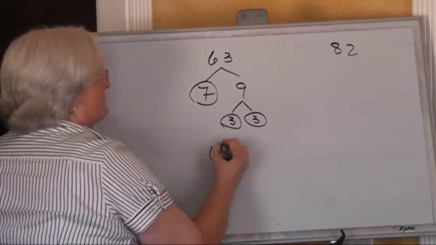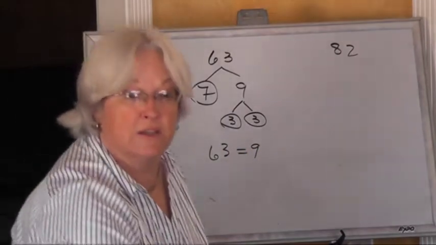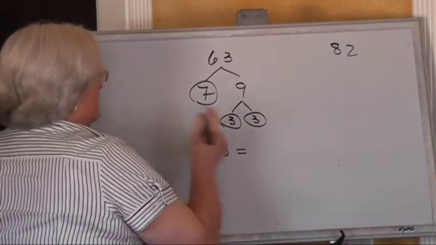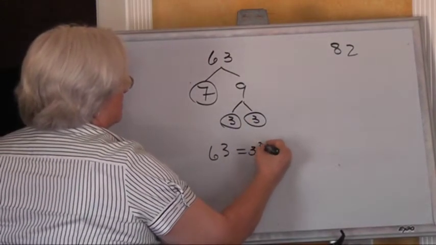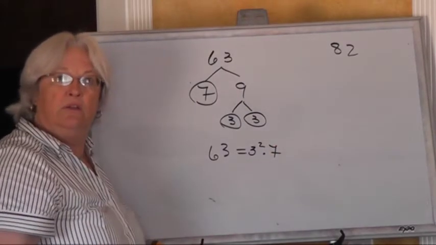So for the prime factorization of 63, I don't want to write that as a 9. I want to write that as a 3 squared. 3 squared times 7.